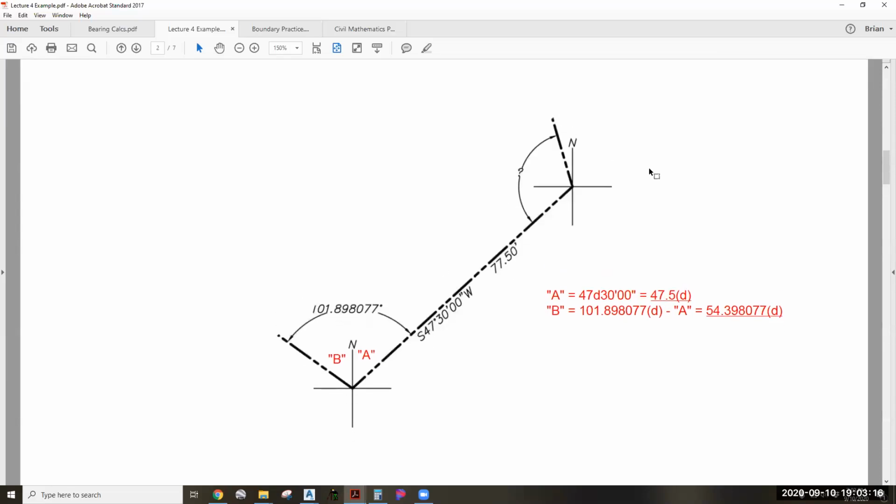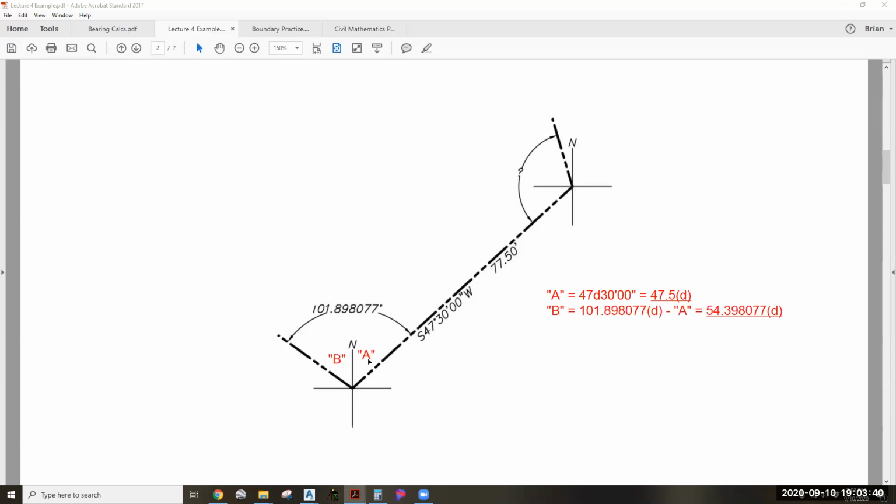If we understand how north falls towards west, west would be over here. I'm given a full angle from here to here, 101.898077. That's the full angle.